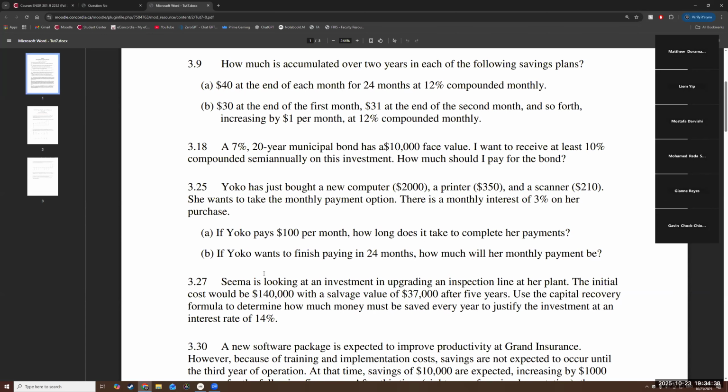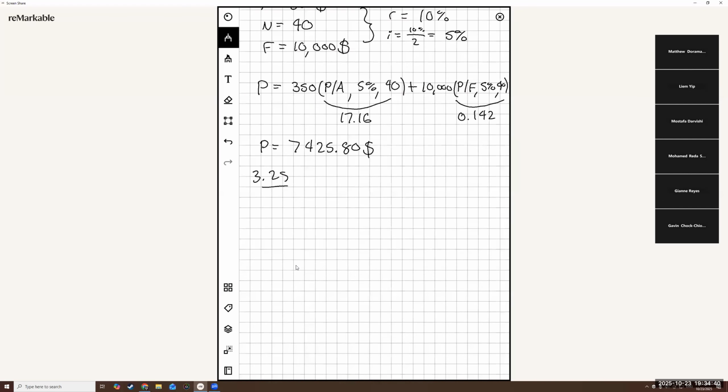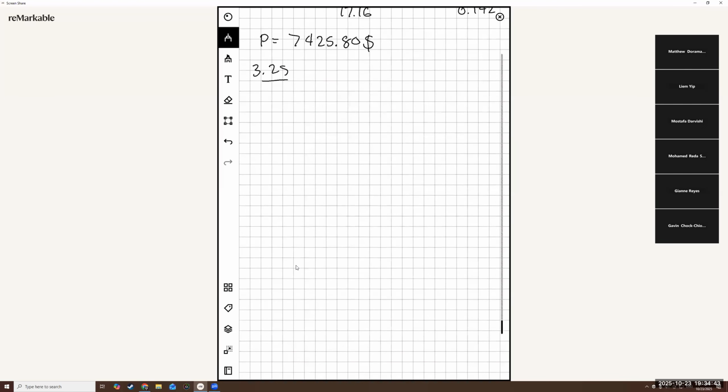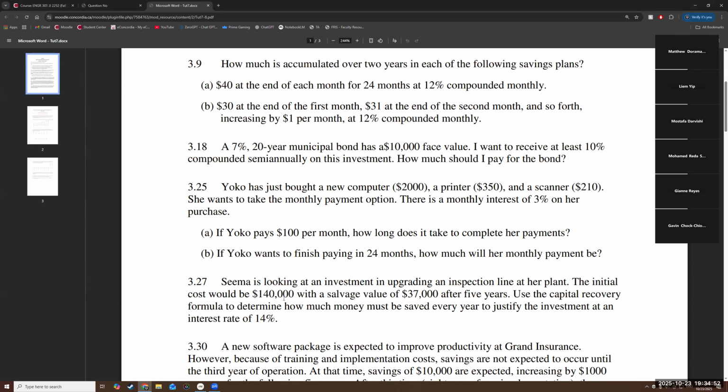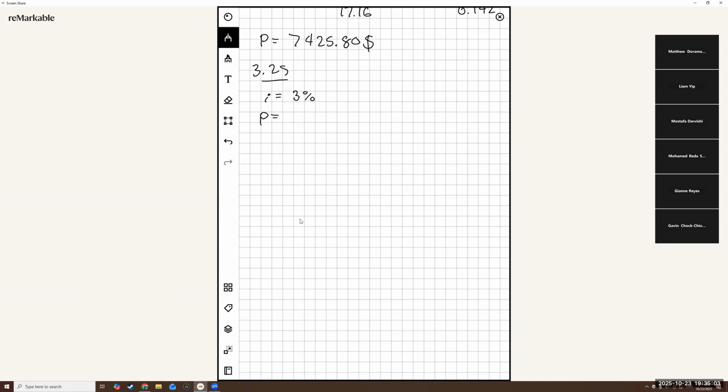Okay, let's do this, keeping in mind that we have to do our calculation by the month. So the interest rate is 3% per month. Now, what is the present value of the items she bought? These listed prices are in the format of present value, so we can just add them up. So P will be $2,000 plus $350 plus $210.